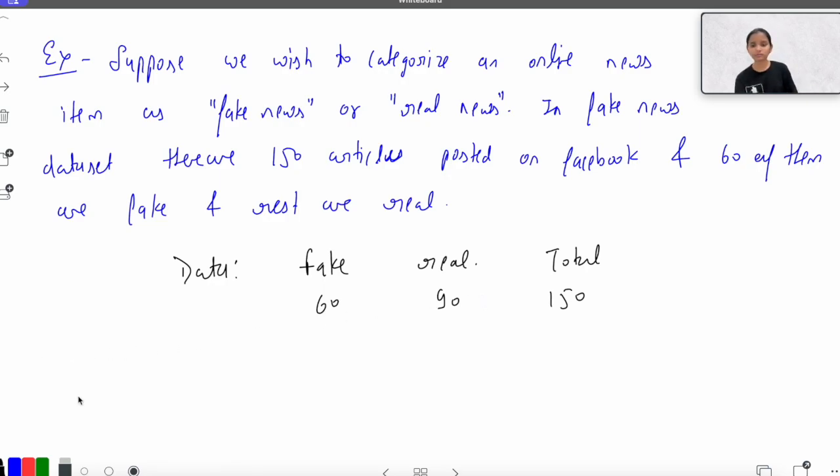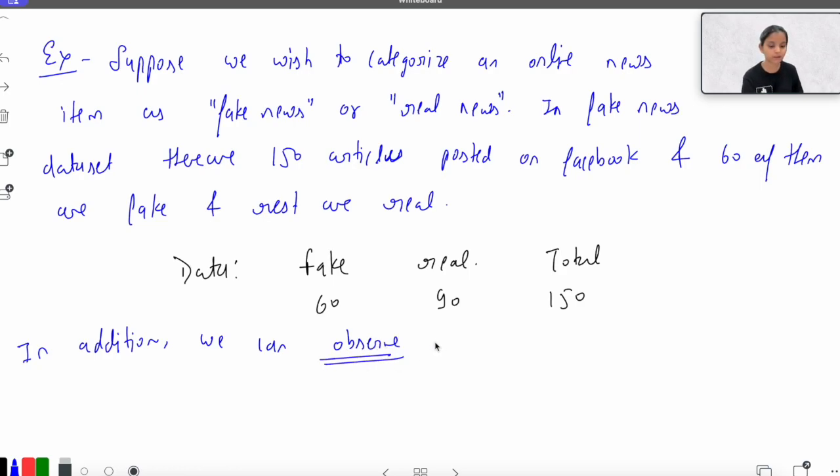So now let's continue the question. Let's say in addition to this prior information, we can observe. Observe means we have some observed data.